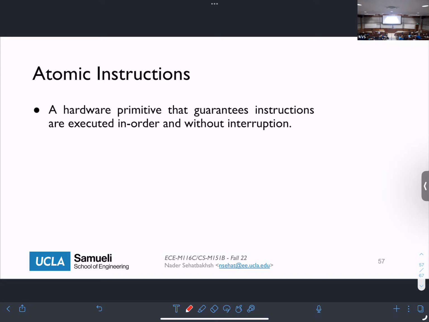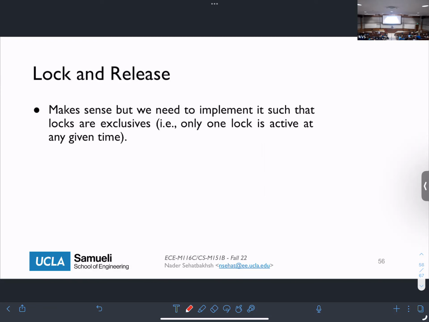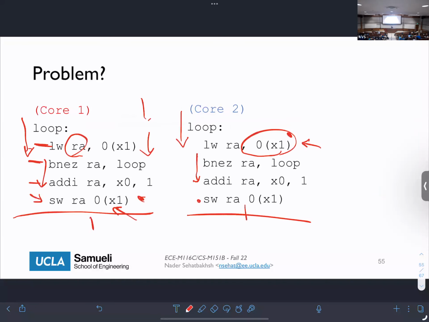An atomic instruction is a hardware primitive that guarantees that instructions happen in order without any interruptions, which means that if I run this code atomically, I only run this, then this one cannot happen in between, then I can run this.